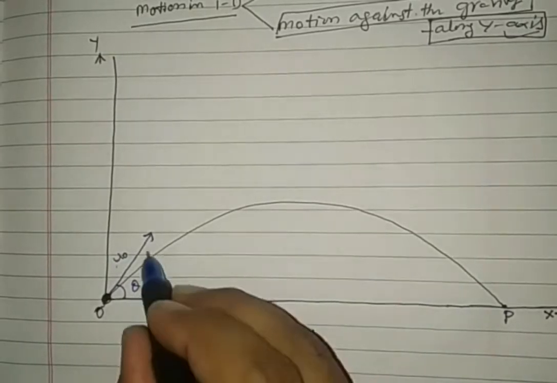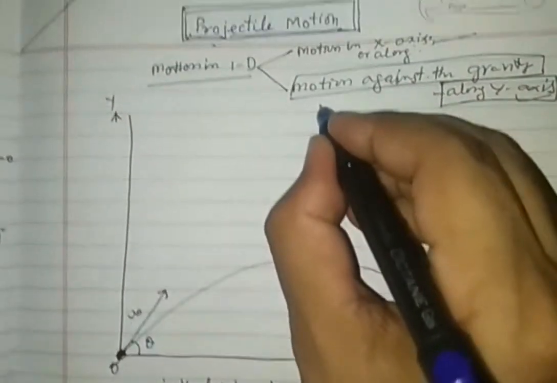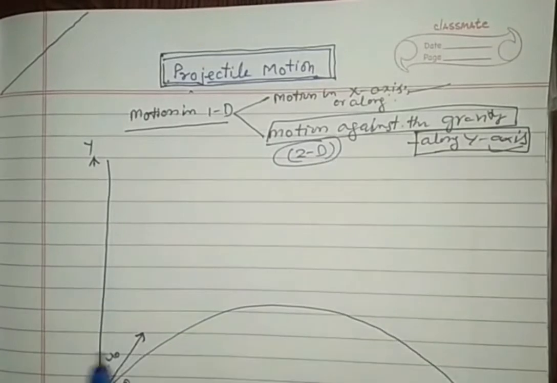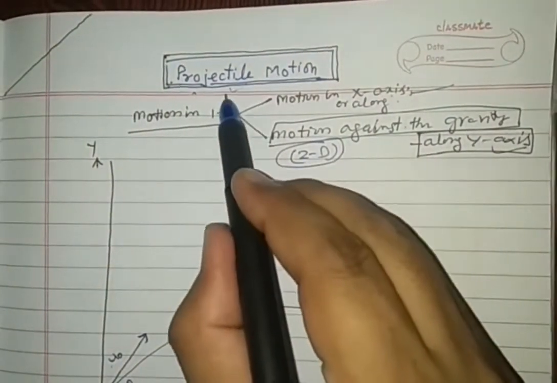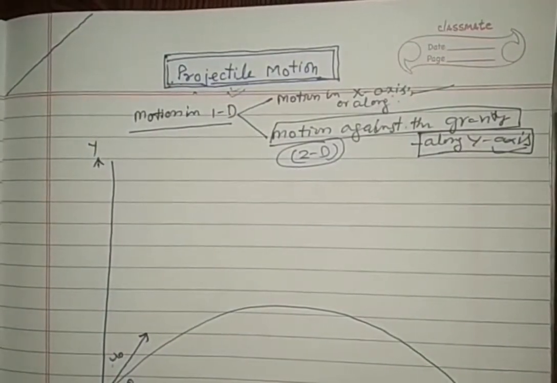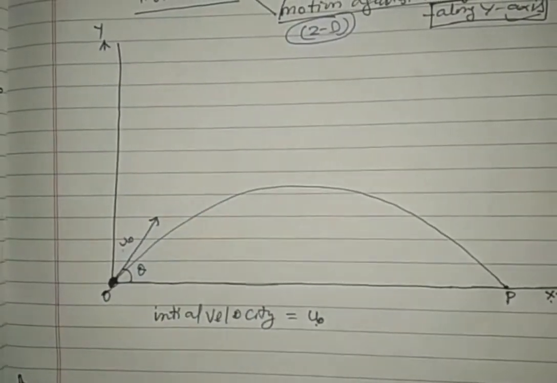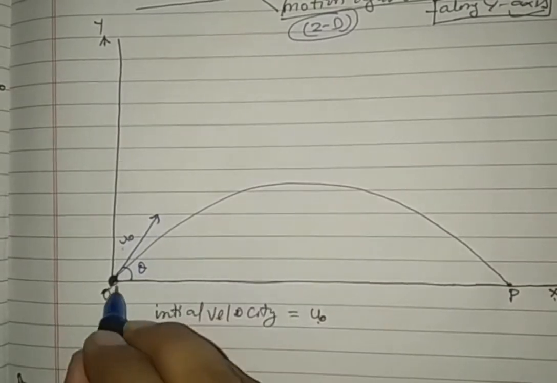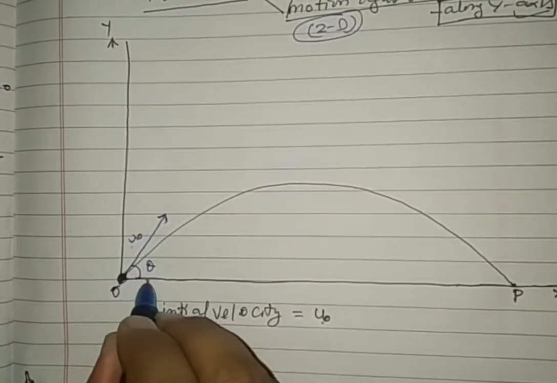Since this is a two-dimensional figure, the projectile motion we will consider in two dimensions: one along the x-axis and another along the y-axis. Here, if it is sent with velocity u naught, I am going to obtain the projection of this velocity.